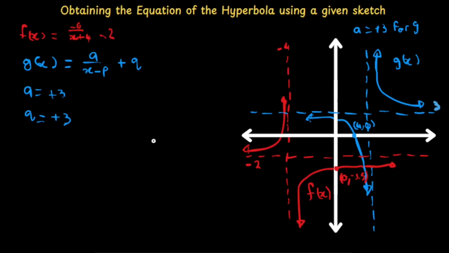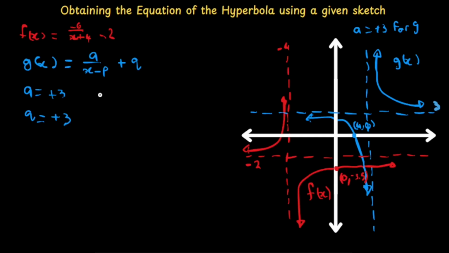The only other variable that is unaccounted for in this equation is the value of p. That has not been given to us. We have no idea what the value of p is. That means that we are now going to have to solve for the value of p in order to complete this equation.